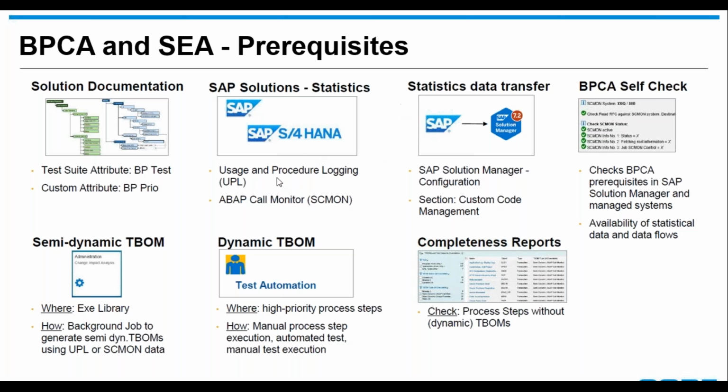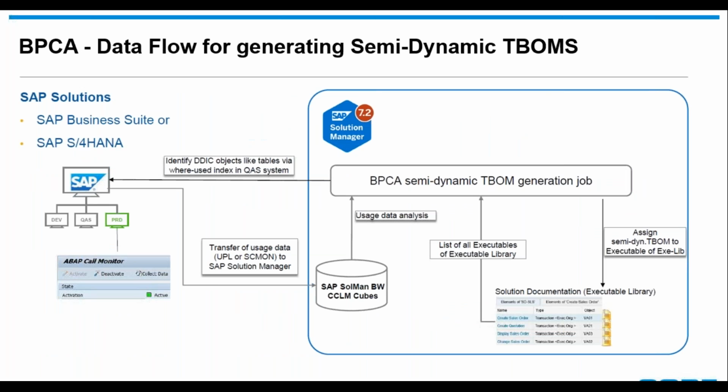That data that's captured in 7.2 is then used for creating semi-dynamic T-BOMs. Dynamic T-BOMs are created either by CBTA generation or by manually walking through the steps.